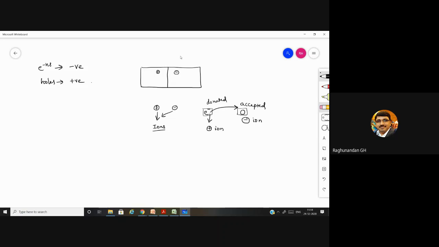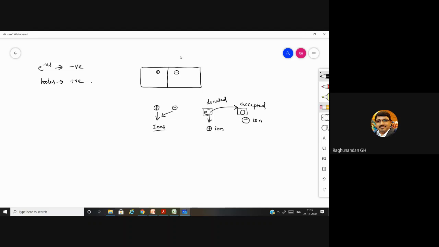You have two things: charge and ions. When you talk about charge, electrons are negative. When you talk about ions, they become positive ions. Holes are negative ions, but with respect to charge, they are positive charge.